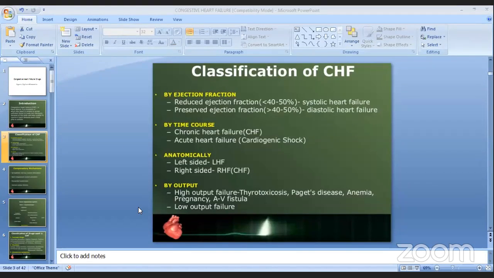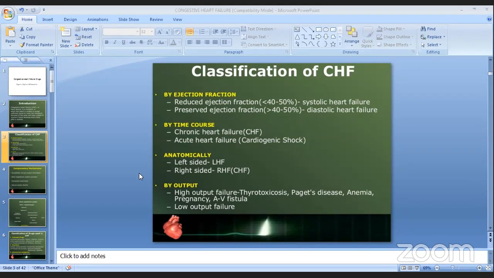Another point is some diseases cause high output failure, such as thyrotoxicosis and Paget's disease, which is related to bone, where the hip bone erodes. Anemia, pregnancy, and AV fistula also cause congestive heart failure. In an AV fistula, there is formation of a fistula.